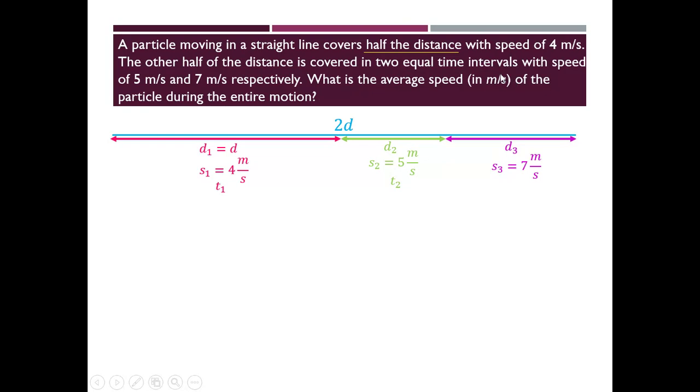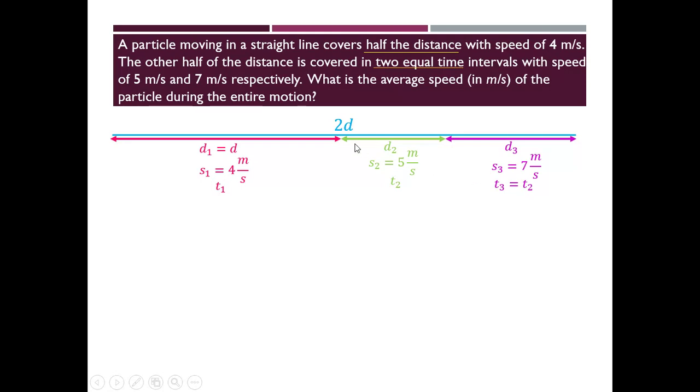Equal time, so that's essential for this problem. So I'm going to call it T3. But T3 is also equal to T2 because it said so. This is an essential piece of information. It says equal time intervals, so whatever T2 is, T3 must also equal the same amount.